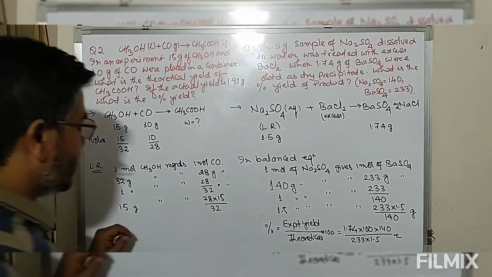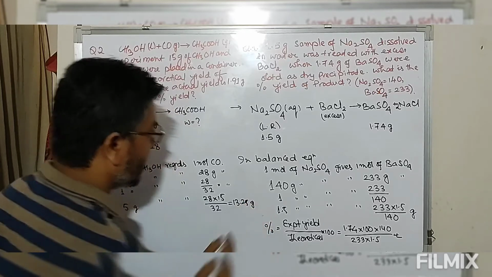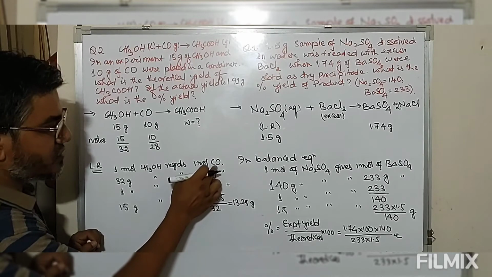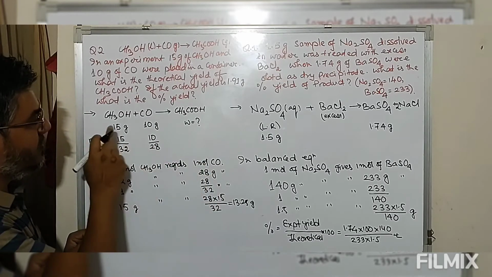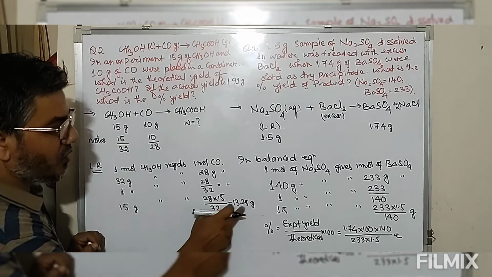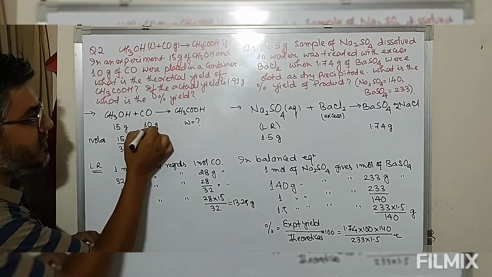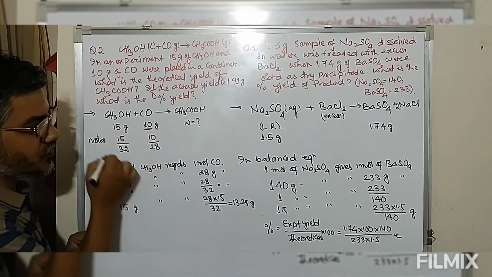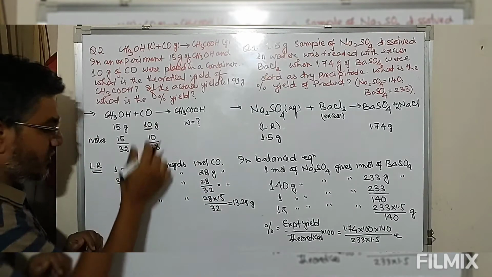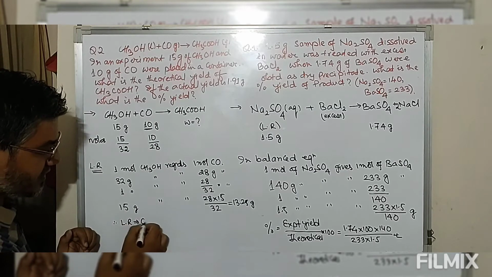If you calculate, this comes out to be 13.25 gram. So the requirement of carbon monoxide for 15 gram of methanol is 13.25 gram, but the mass present in the reaction mixture is 10. So requirement is 13.25, present is 10. Therefore the limiting reagent in this reaction is carbon monoxide.